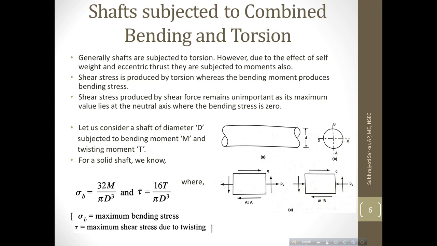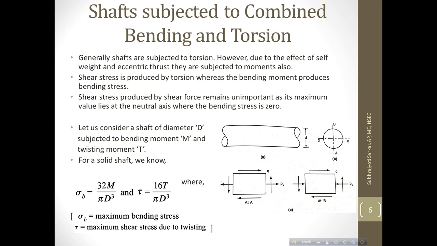Because the shear stress from torsion is maximum at the surface, that is at the maximum radius, and minimum at the neutral axis or the center line, whereas the shear stress produced by the shear force has its maximum value at the neutral axis, but at the neutral axis the bending stress is 0.